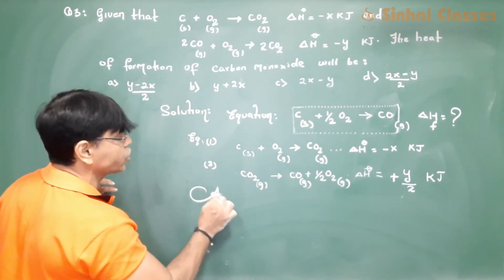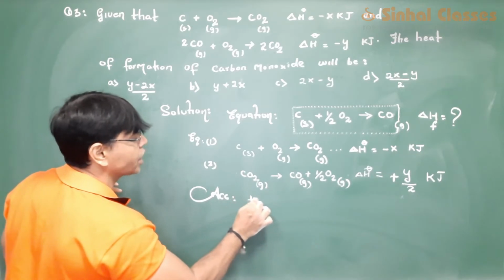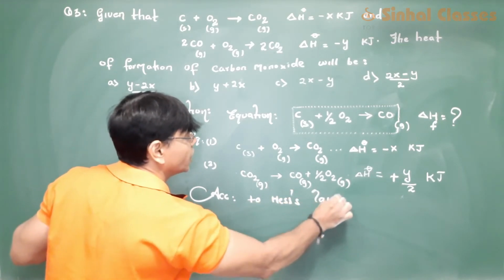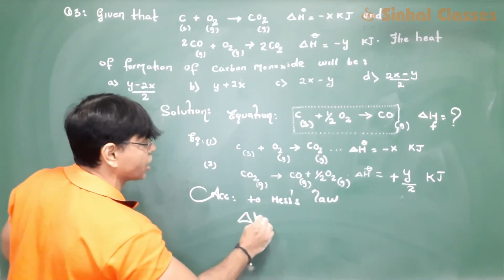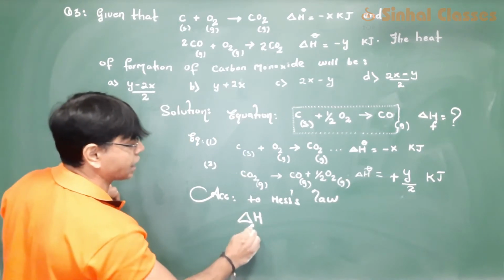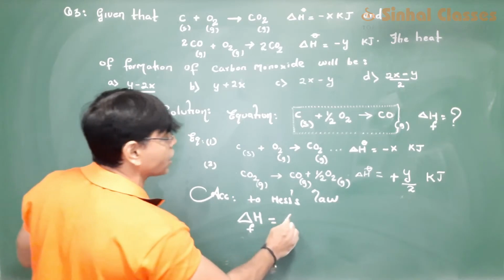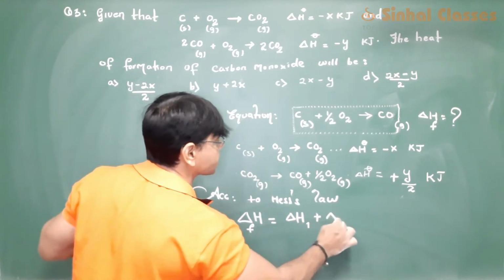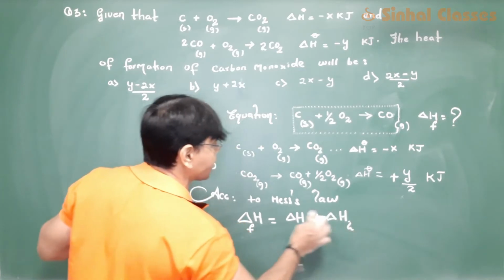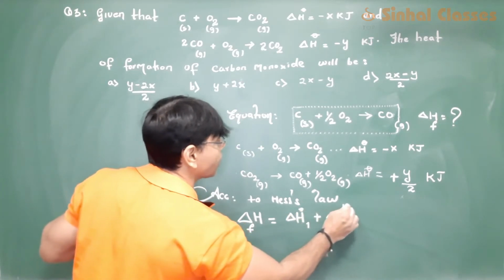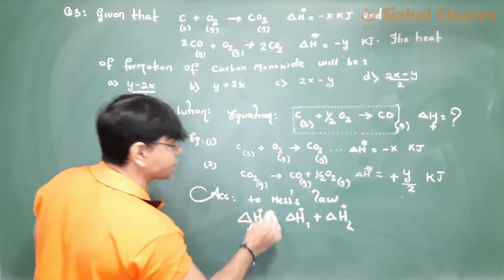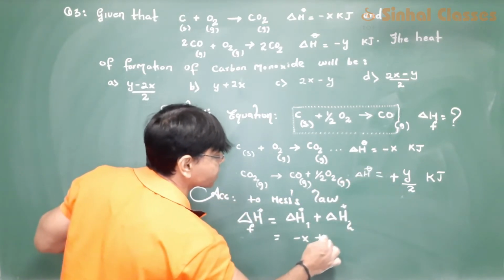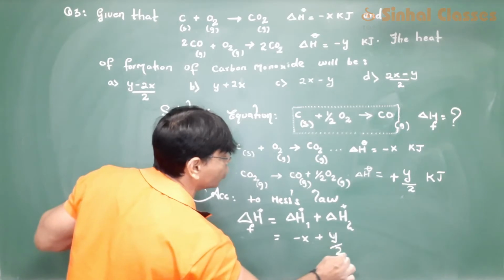Now according to Hess law, the enthalpy of the whole reaction, that is formation, will be equal to enthalpy of first equation plus enthalpy of second equation. So it is minus x plus y upon 2.